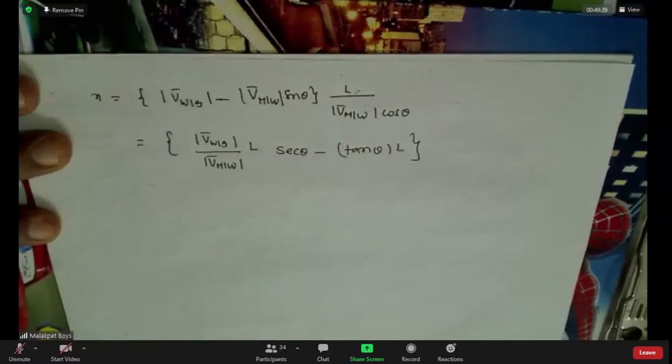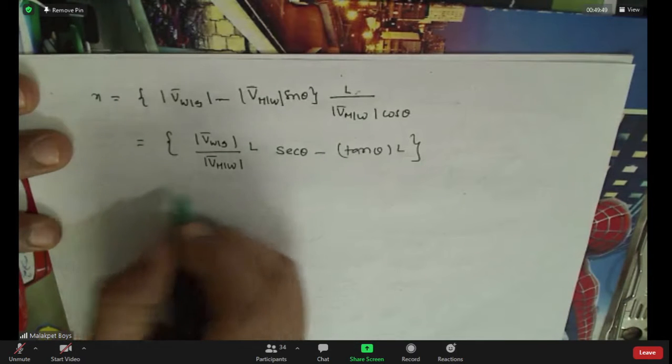Do you agree with this? Right. Now x is varying with theta.